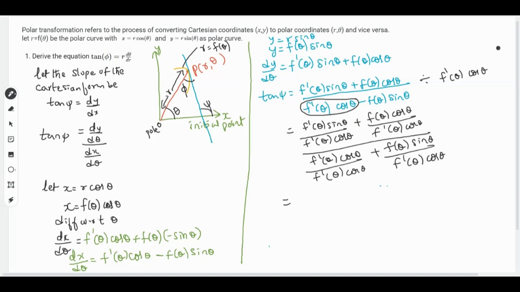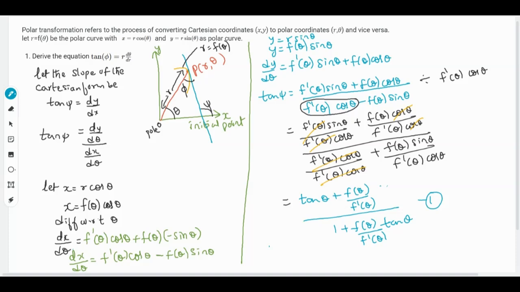Now if we cancel the terms, cos and cos get cancelled, and this whole term gets cancelled, so this will be left. Sin by cos is tan theta, so we get tan theta plus f theta divided by f dash of theta, whole divided by 1 plus f theta divided by f dash of theta into tan theta, since sin by cos is tan. You can call this equation 1.